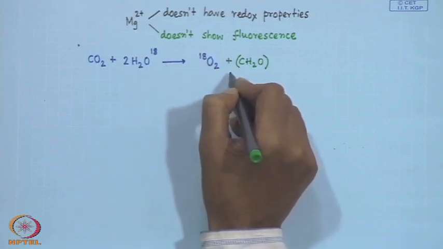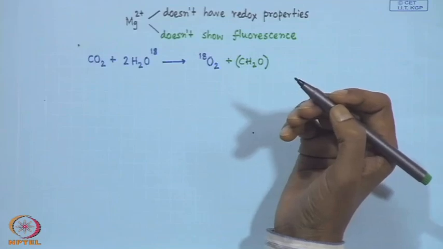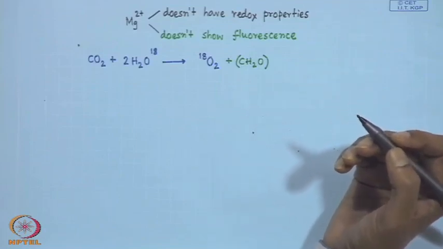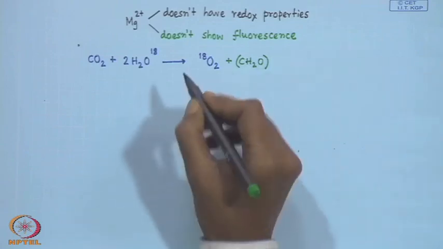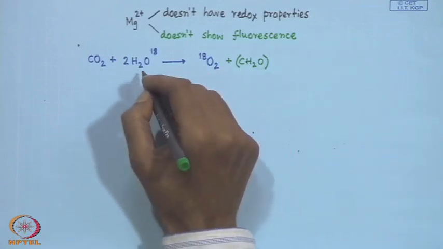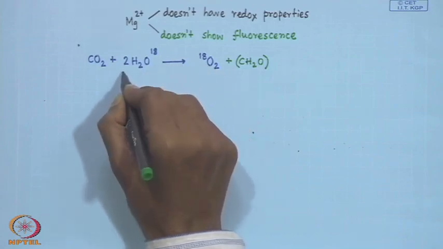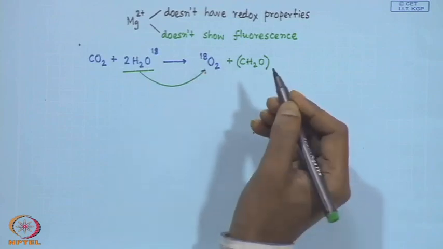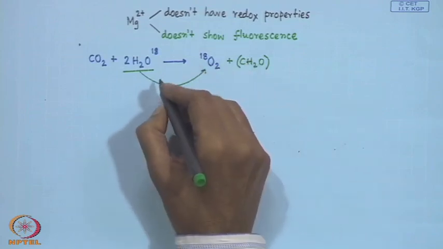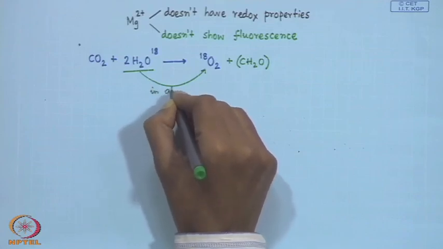So, we can study some of these steps. In photosynthesis we have one phase we call a light phase and another we call a dark phase. So, in absence of carbon dioxide also this O2 evolution can take place, because your O2 evolution is coming only from this water molecule. So, O2 evolution in absence of CO2 can take place.